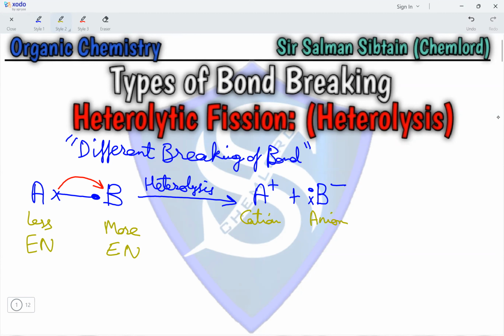But that is not how these ions are referred to in organic chemistry. So what has happened is A has lost its bonding electron and became electron deficient, and B has gained an electron and has become negatively charged.